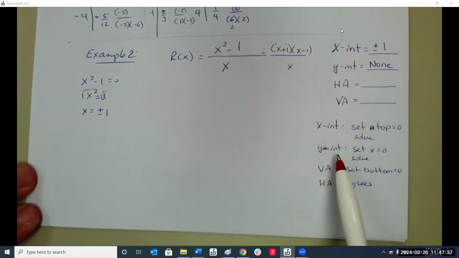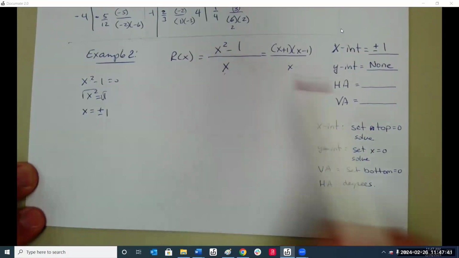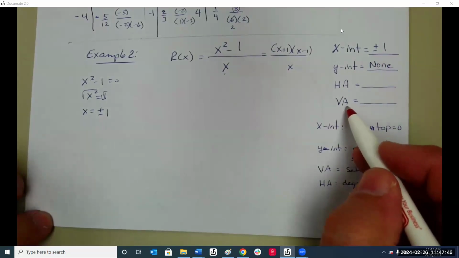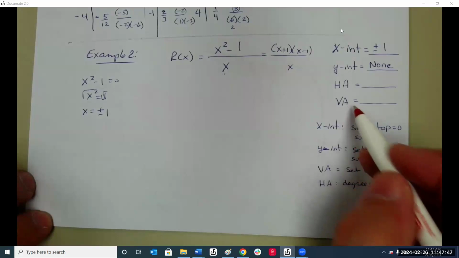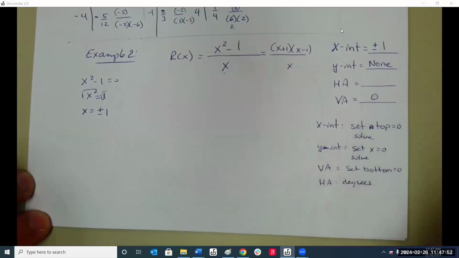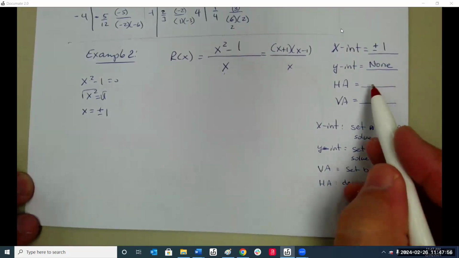To find the y-intercept, set all the x's equal to 0. It doesn't work. So we have no y-intercept. Do we have a vertical asymptote? Vertical asymptote is where the bottom equals 0. It's the y-axis.